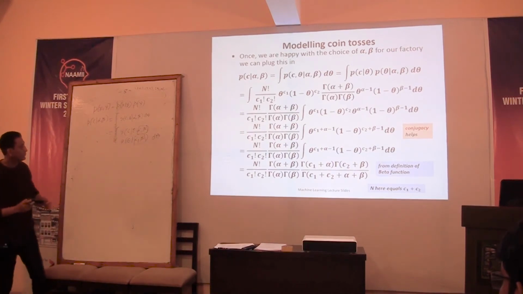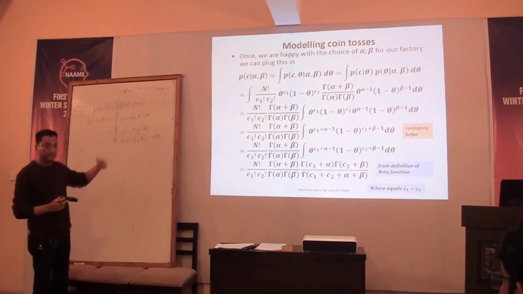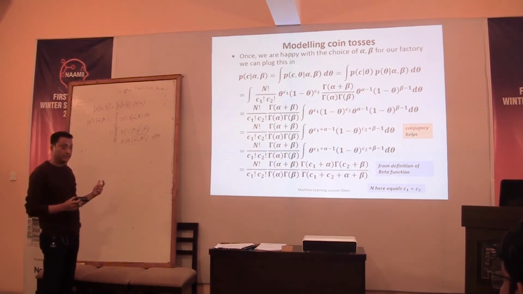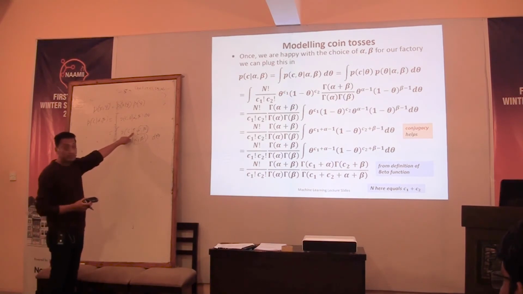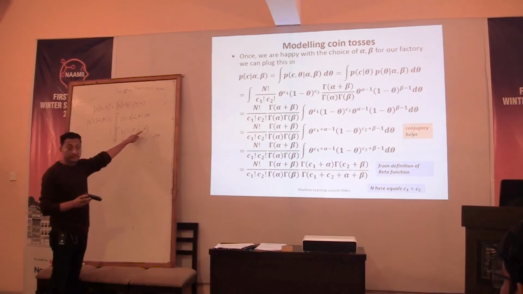So now, the point is this. I'm in the factory. I know the alpha and beta values of the factory. I sampled a coin, okay? And I know the theta value of that coin, okay? Once I know the theta value of that coin, the fact that it came from your factory or your factory becomes irrelevant, okay? Because I know the property of that coin once I know the theta value. Hence, the probability of C given theta is independent of alpha and beta.